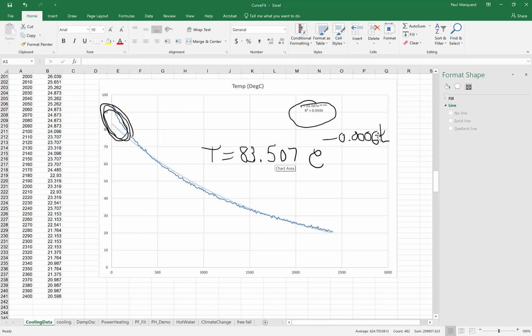This says that as time goes to infinity, so let's say 24 hours instead of 2400 seconds, in 24 hours, e to the minus 0.0006 t is going to be roughly 0, right? As this extends down and down and down, it's going to eventually asymptotically approach temperature equal to 0.